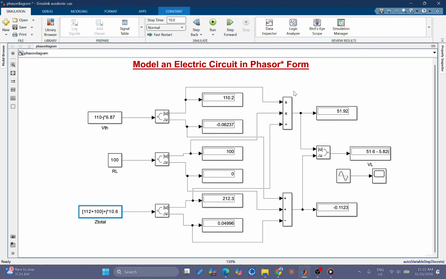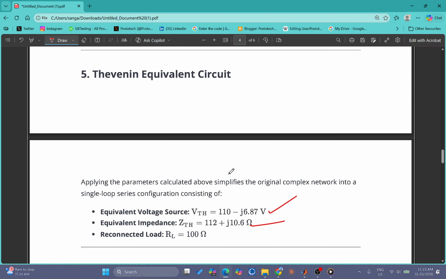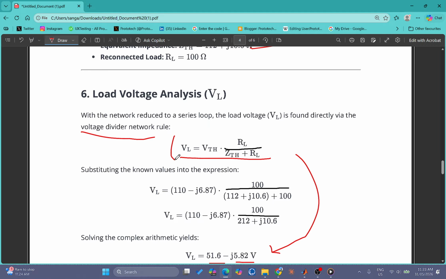Now at stage 3, we have math operators. This operator is doing the ratio VL equals VTH times RL divided by ZTH plus RL.